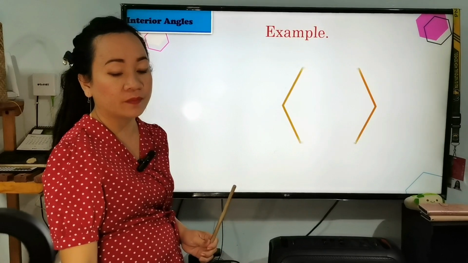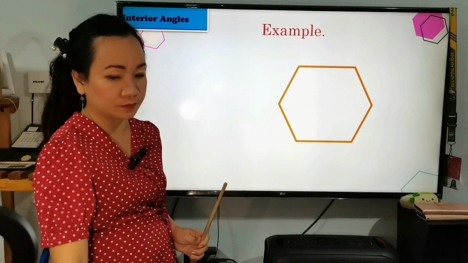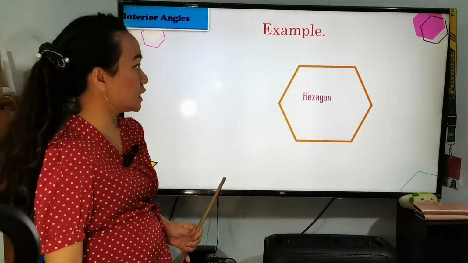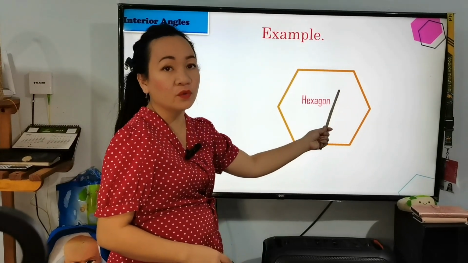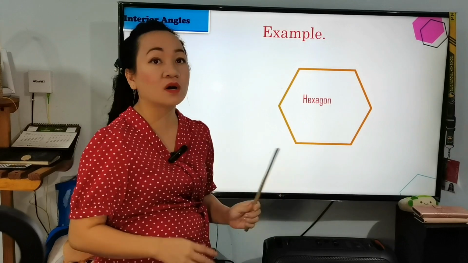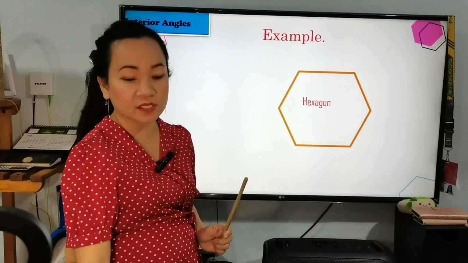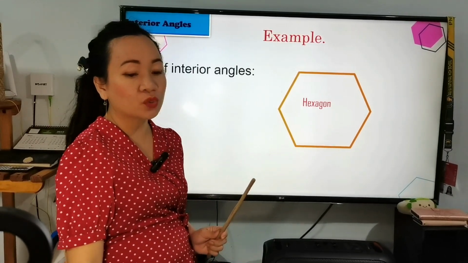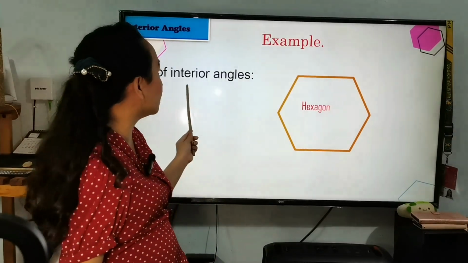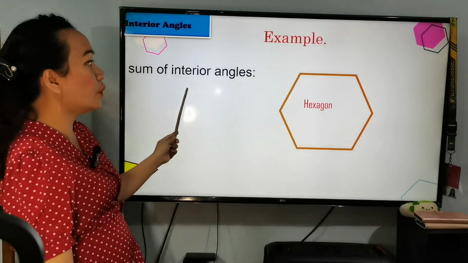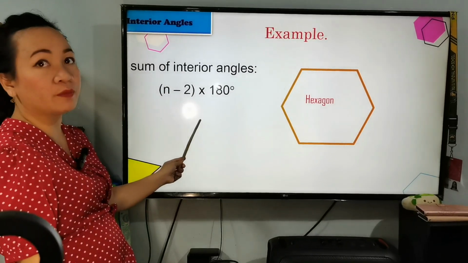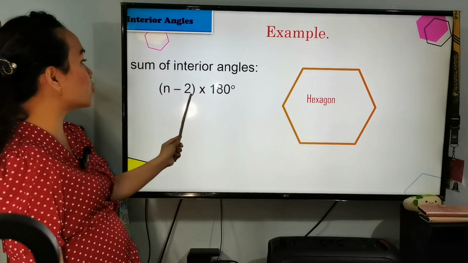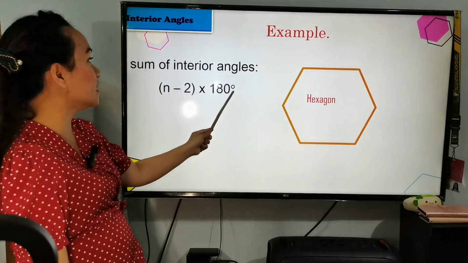Supposing we have our first example. In our first example, we are given a hexagon. Again, the hexagon is composed of 6 sides. So to get the sum of the interior angles of our hexagon, we are going to follow this formula, n minus 2 times 180 degrees.